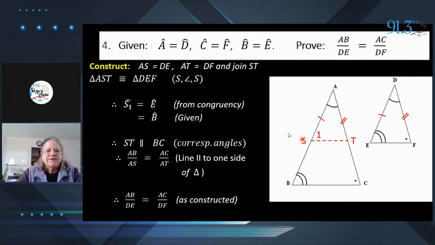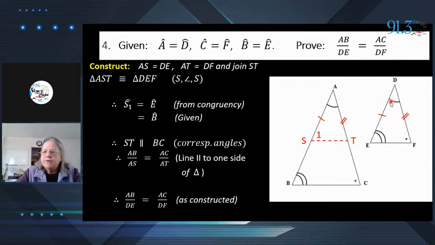So we need to construct, because we need to link up these 2 triangles. So we will construct AS, the same length as DE. So what we're doing is we're taking this triangle and transferring it into the big one. Why can we do it?